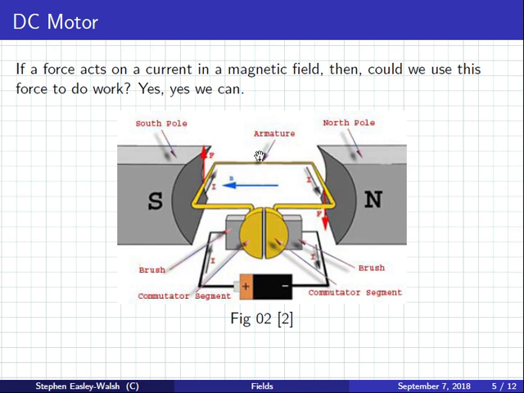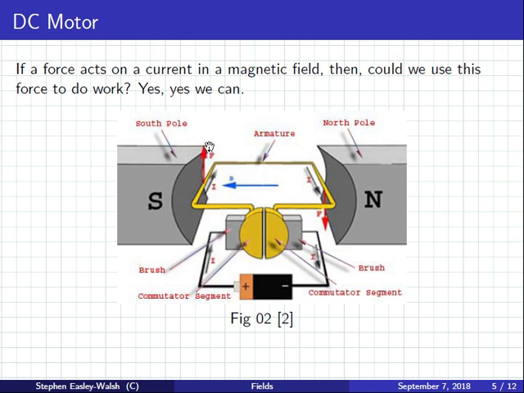So what will happen to this? It'll turn. Now this part has a force.